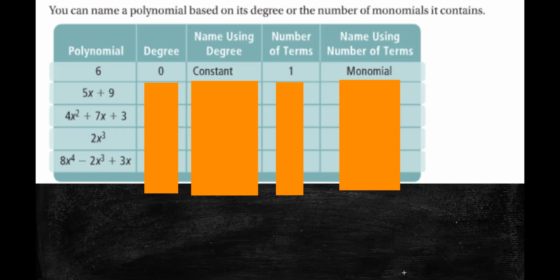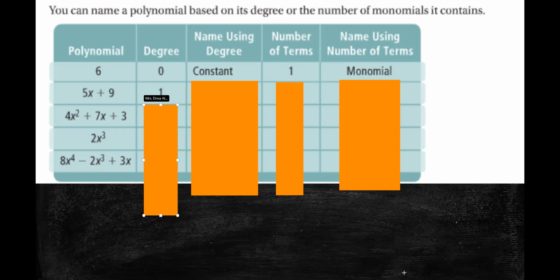Let's look now at the second one. Here we have 5x plus 9. What is the degree of the polynomial here? To find the degree of the polynomial, you have to look at the highest one. What is the highest one? 5x, which has degree 1.